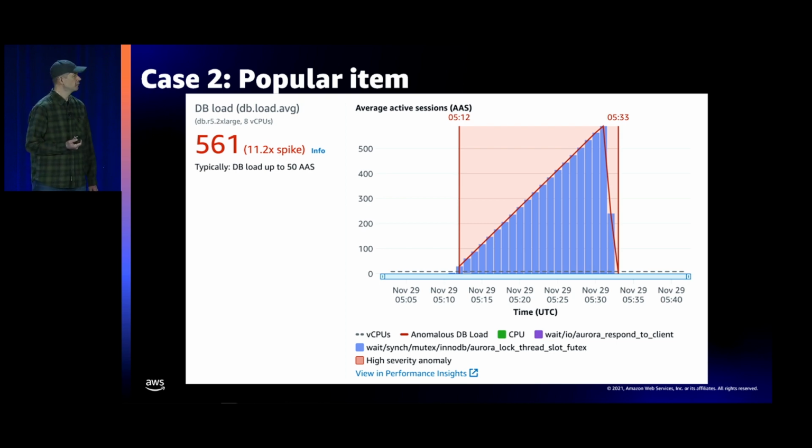Now, the one thing about this spike is that it has a very peculiar, sort of triangular shape. And there is a reason for that as well, and it has to do with common configuration, or should I say misconfiguration, issues on application connection pools.